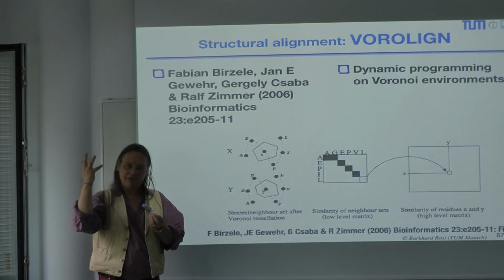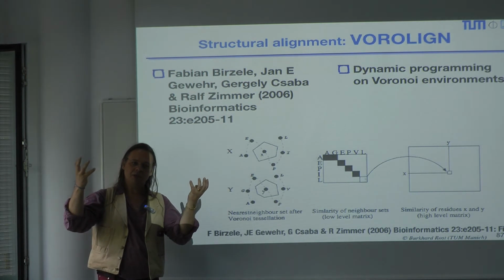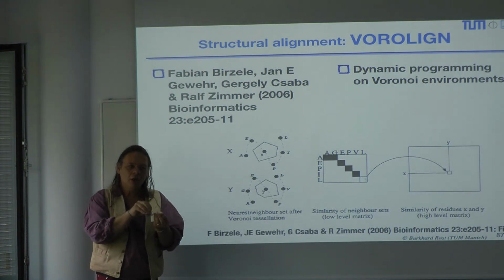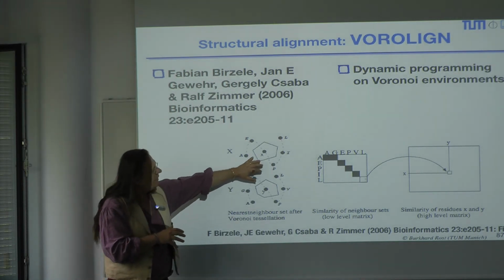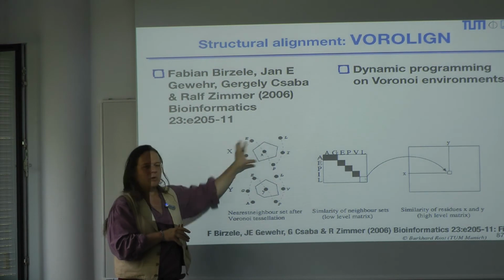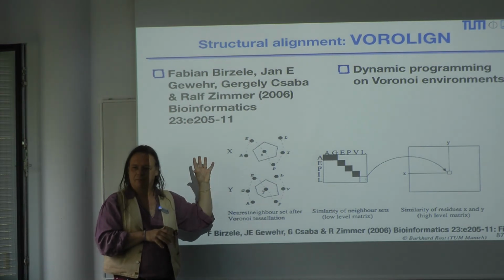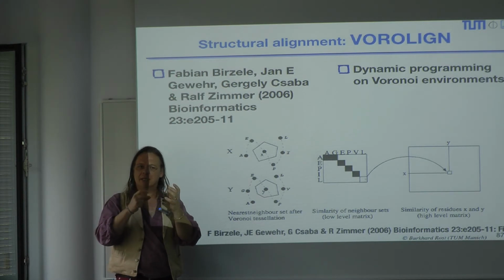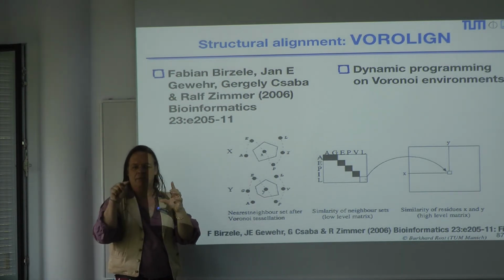On the one end you have a 3D structure, on the other end you have a 2D structure, and somehow this is in between. It looks at local surface or local environments that define a particular residue in its environment. You could think about it as a plaque, as a clique in a distance map.